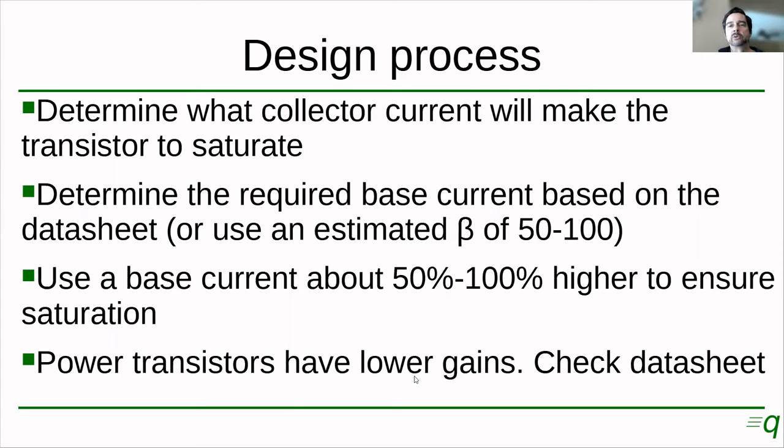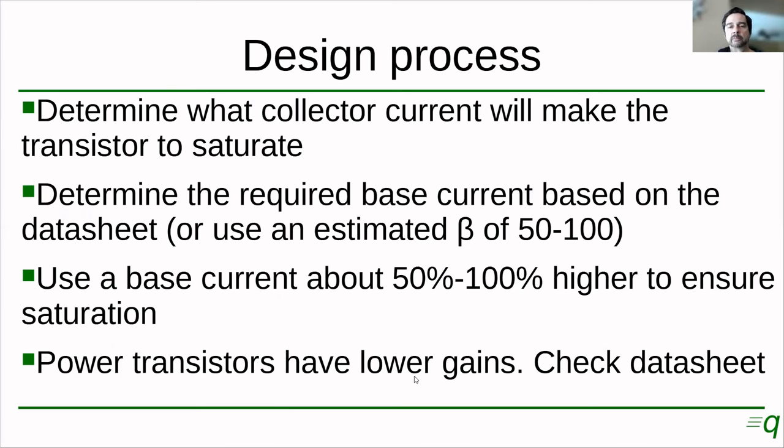After that, we determine the required base current based on the data sheet, or use an estimated beta in the range of 50 to 100. Then we use a base current of about 50% to 100% higher than the one calculated in the step before to ensure saturation.